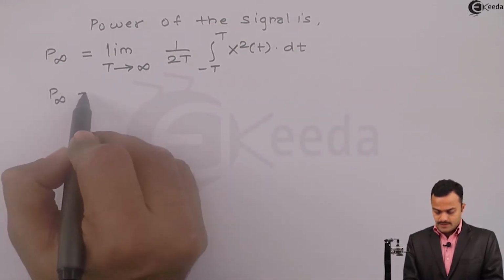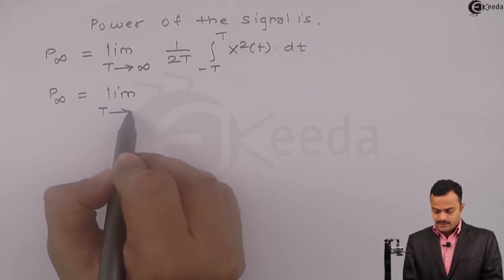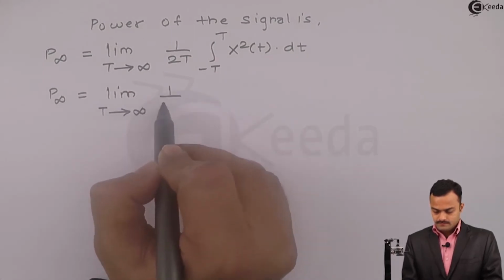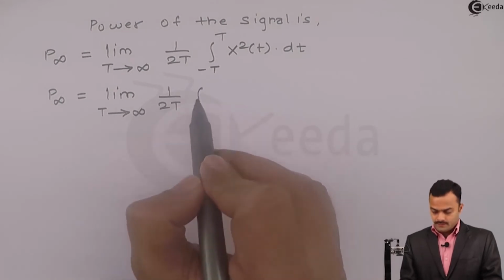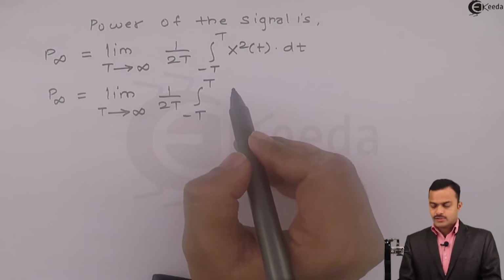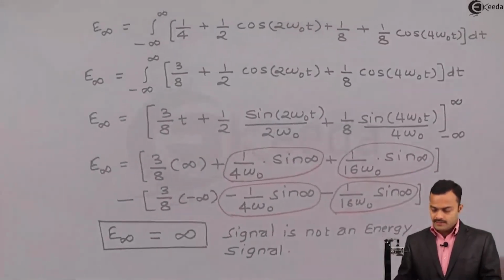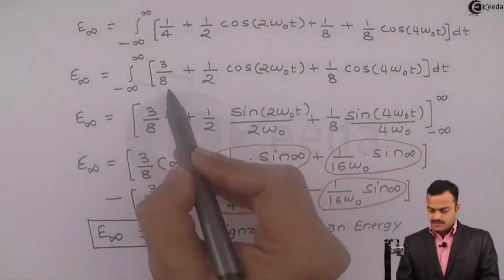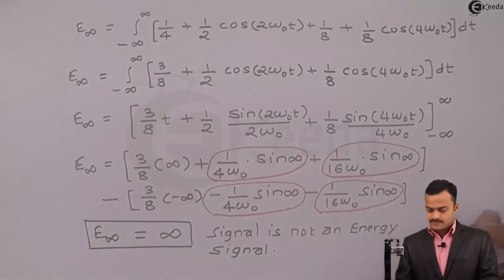So I can say P infinity equals limit t tending to infinity 1 upon 2t integral from minus t to t, and x square t we have calculated while finding the energy is this much. So I will take this equation as it is.